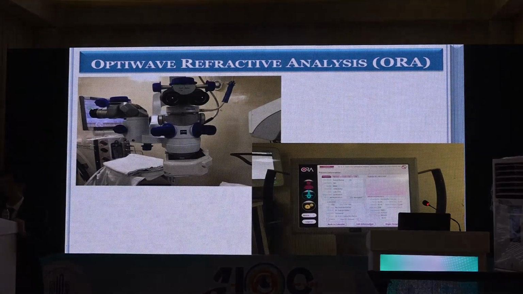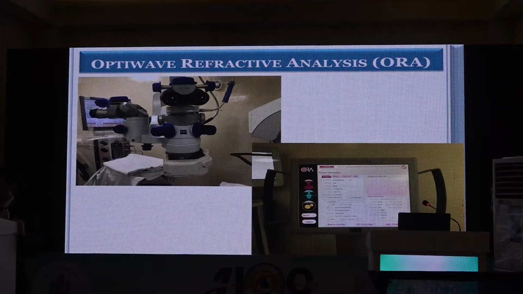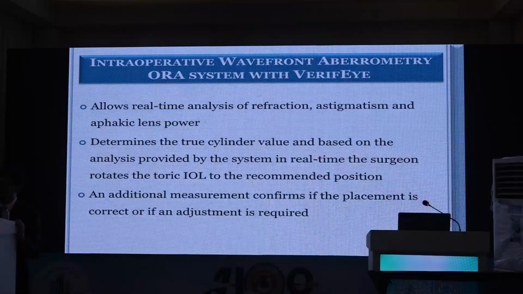Then the ORA system, that is OptiWave Refractive Analysis, is again a digital method of aligning the IOL. Once you have removed the cortex and nucleus, you inject viscoelastic, form the chamber tight, and then use the ORA system to calculate the exact power of sphere and cylinder and the axis, and you place it accordingly.